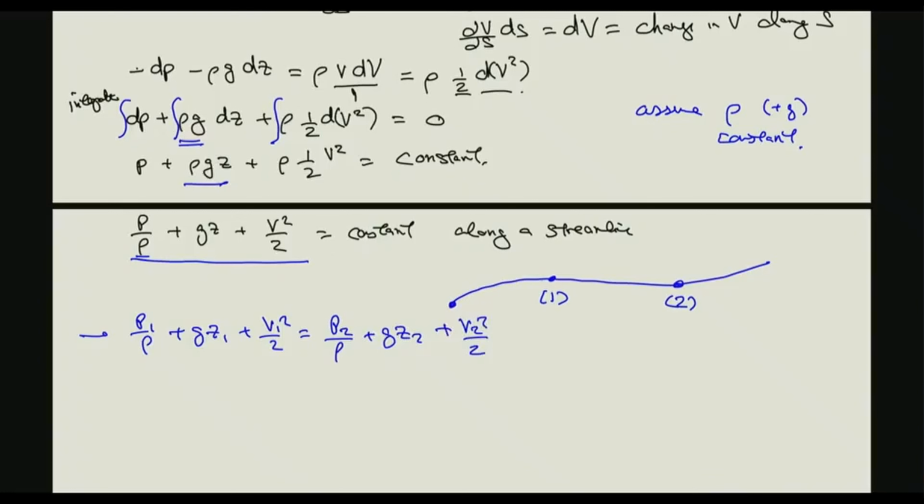So, for example, if you know the pressures at these 2 locations and the elevation difference, and then maybe the velocity, then you can get from this equation the velocity at the other point, or whatever unknown for the particular problem. And this equation is referred to as the Bernoulli equation.